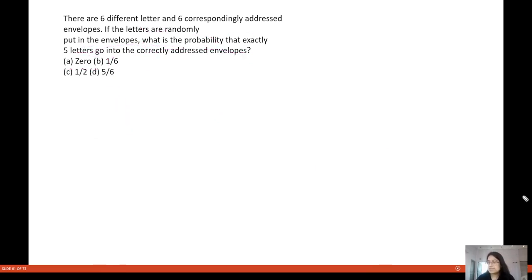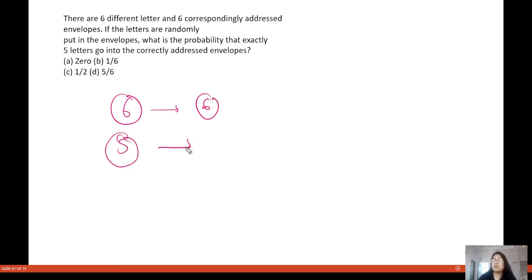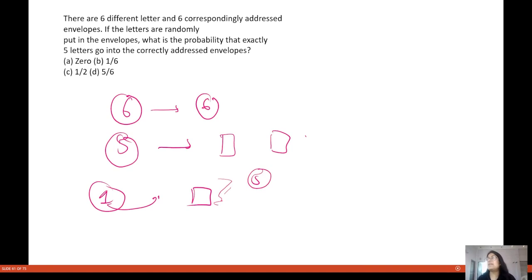Why? See, understand this thing. If there are 6 letters and they are addressed to 6 correctly addressed envelopes, and 5 letters I am putting in the correctly addressed envelope, then the letter that is left, that also I will put in the correctly addressed envelope only. Only one envelope is left, so that will be put in the correctly addressed envelope itself.